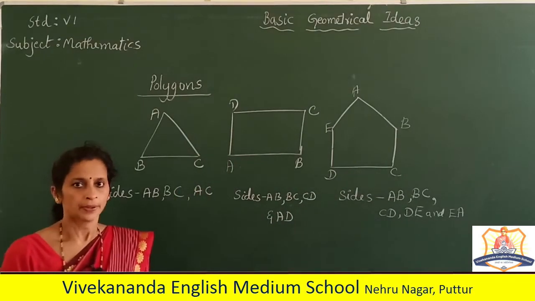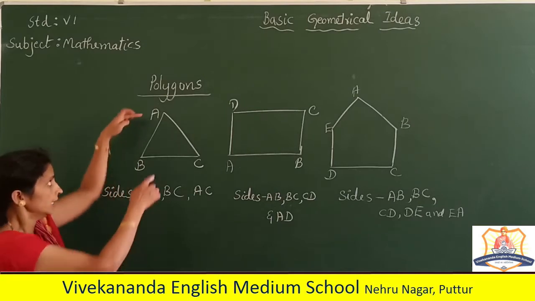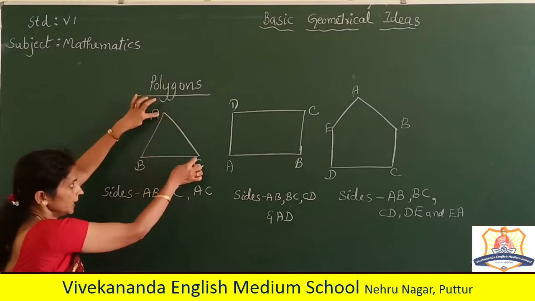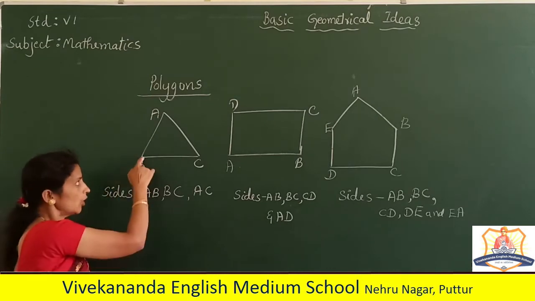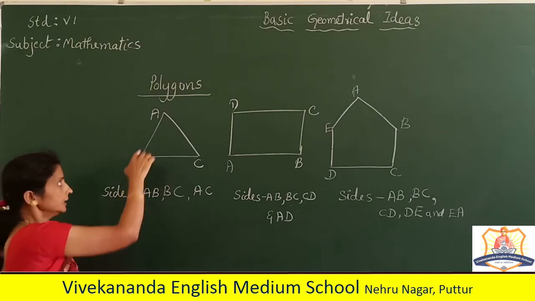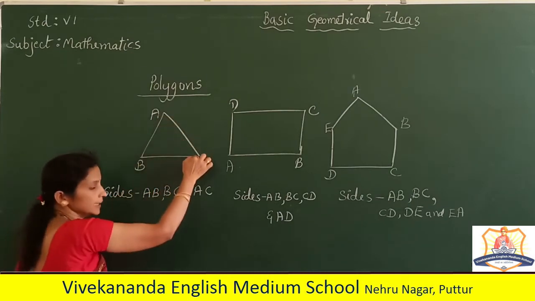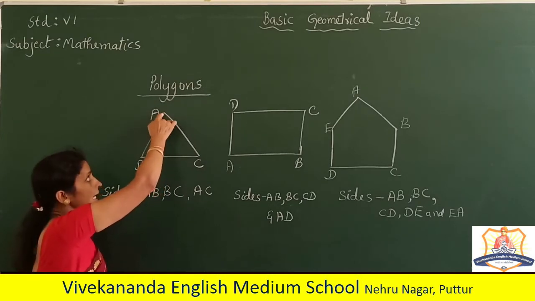Now, when two sides meet at one point, here side AB and BC meet at one point, we call this point a vertex. And AB and AC meet at one point, that point is A, and we call this another vertex.